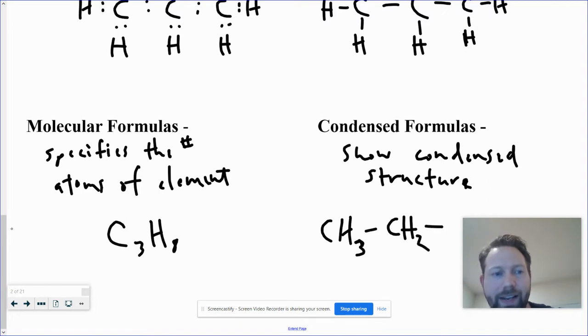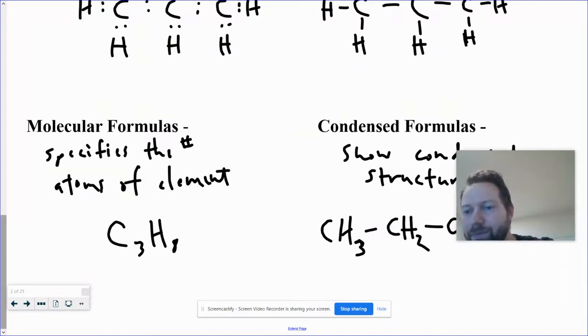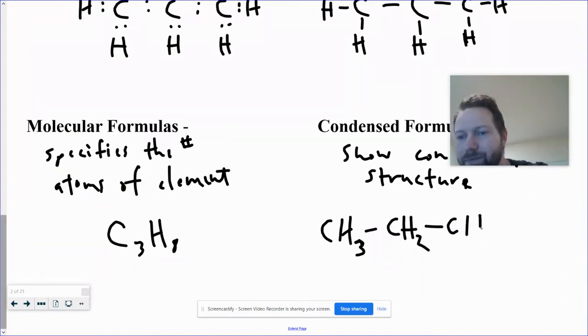And then on the right-hand side, you have CH3 again. Okay, so that's the condensed formula. Again, all of these represent propane, the same thing, but they're just drawn in different ways.